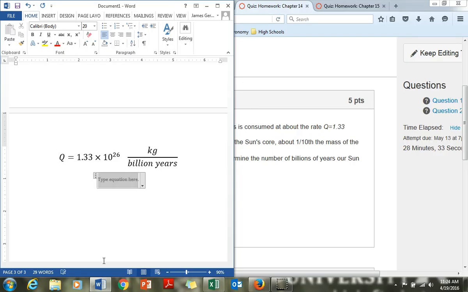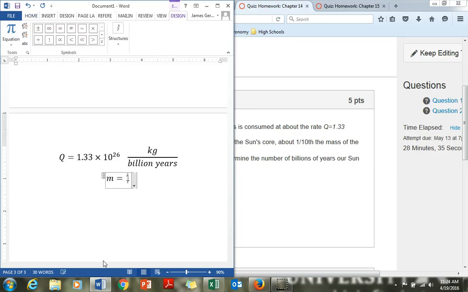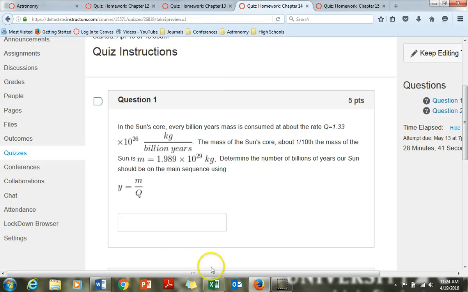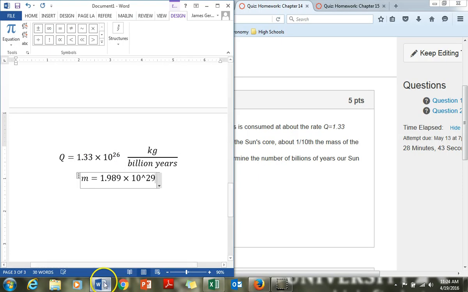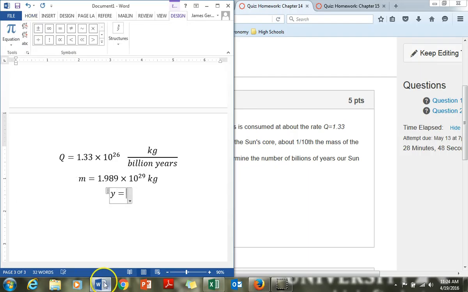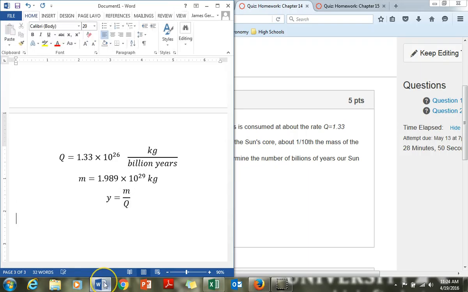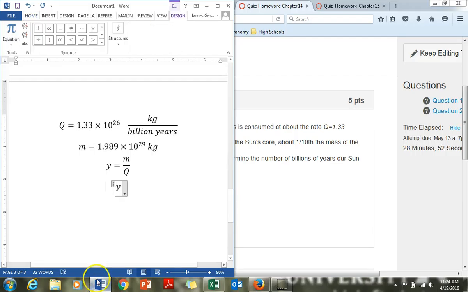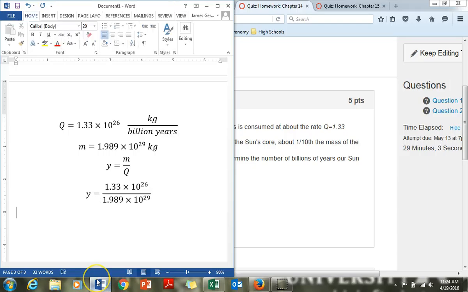We have the mass, 1.989 times 10 to the 29 kilograms. And what we're looking for is just the mass divided by the rate at which it's consumed.